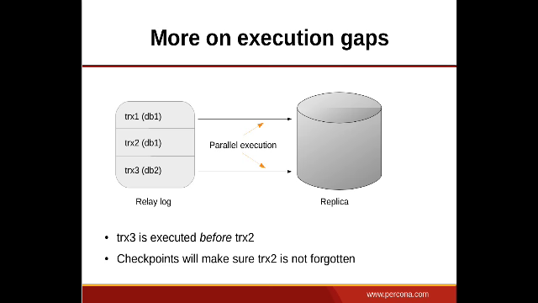And by doing that, you will create an execution gap because transaction 2 will be left behind. It will be executed after transaction 3, right? And this is where checkpoints are important. They make sure that from time to time, we know that all the transactions up to some point have been executed.